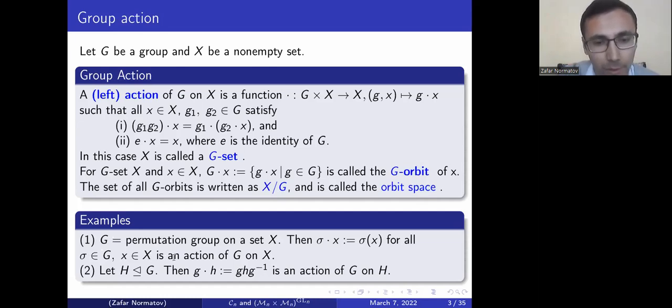Then this will be an action of the group on the set. Second example: let G be a group and H be its normal subgroup. If we define the action by conjugation, then this formula defines an action of the group on the set H, namely on the normal subgroup of the group.